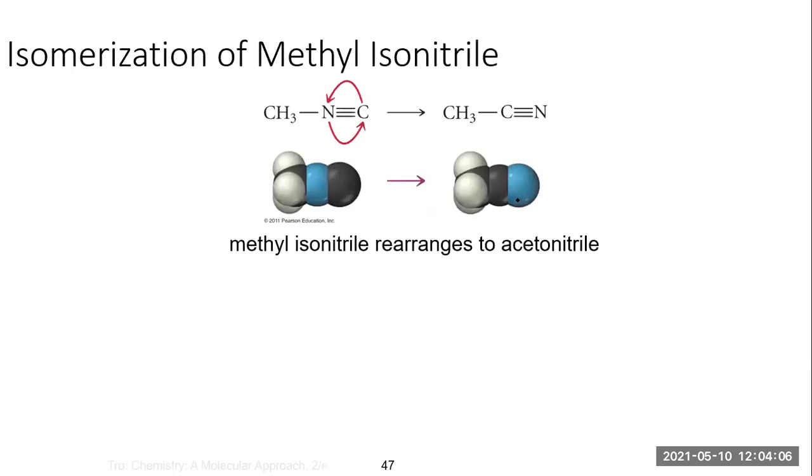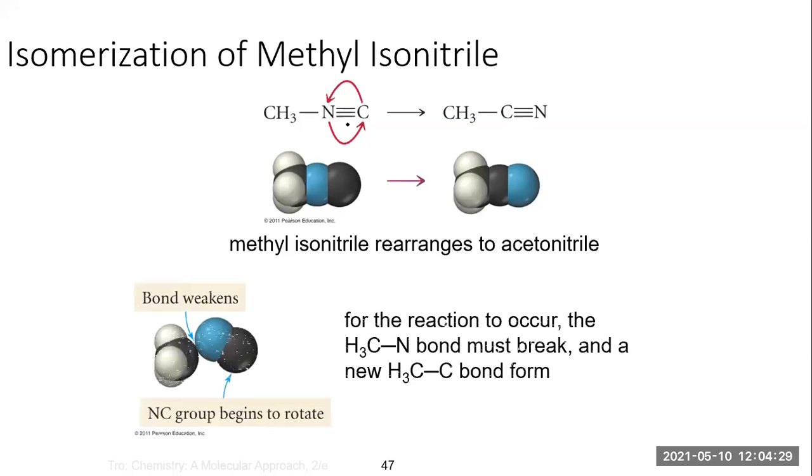And here's an example of what's happening in the process. I think this will take us through it, if I remember. So we have this guy here, and basically we're going to rearrange and make this. It's really the same thing. We're just moving these bonds and breaking these bonds in this particular example. As it starts, there's some bond weakening happening between the nitrogen and carbon bond. That's us starting to break some of those bonds as this transition occurs.